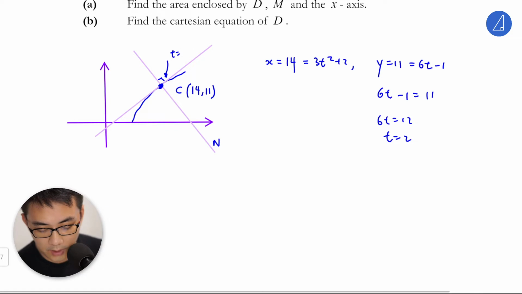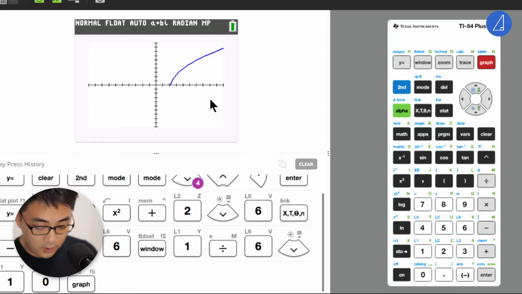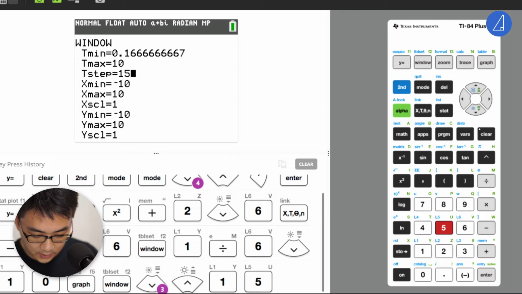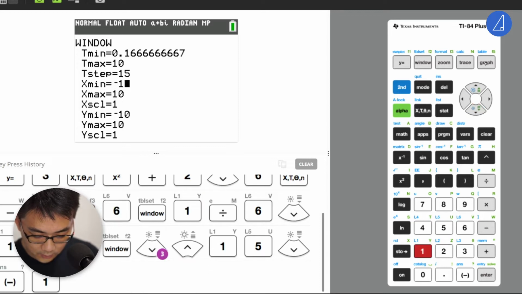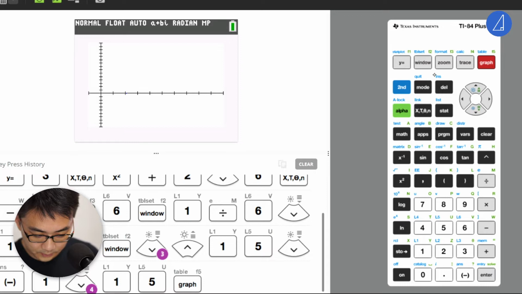So what I'm going to do here is replace now. Always check your graph. In the window settings, I'm going to put y min as negative, y max as 15, and x min as negative 1. That will give us this graph here.